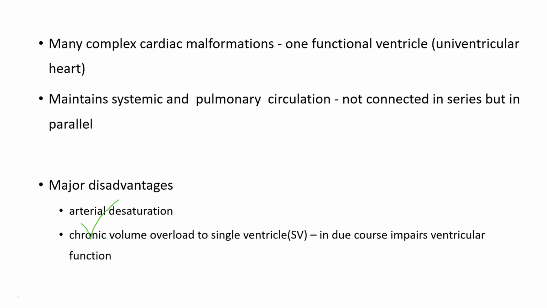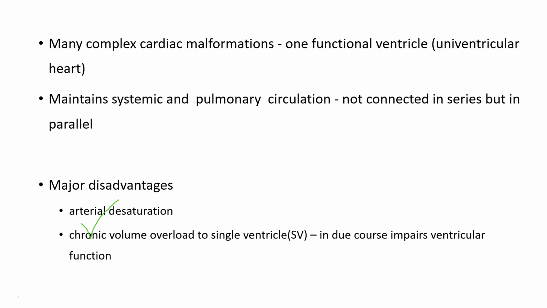So many complex cardiac malformations have only one functional ventricle. Whenever there is a possibility of a biventricular heart, meaning both chambers are well formed, we try to do ICR.